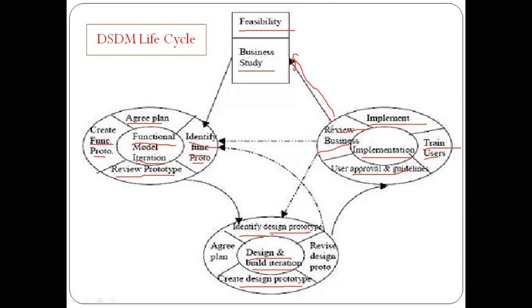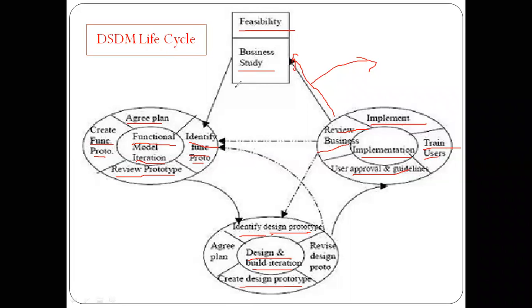Finally, if it is satisfied by all, then we go back to the first step, or we end the process. Here there is an ending point, so we end this particular process. So like that, this DSDM life cycle will work.